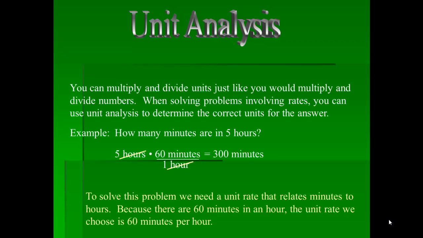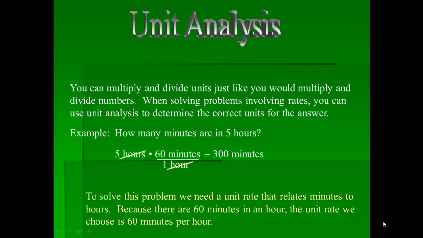Unit analysis. You can multiply and divide units just like you would multiply and divide numbers. When solving problems involving rates, you can use unit analysis to determine the correct unit for your answer.